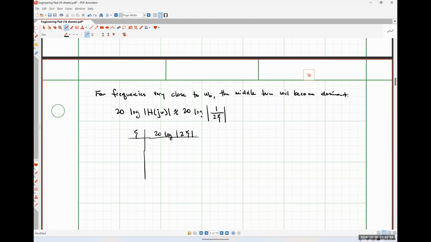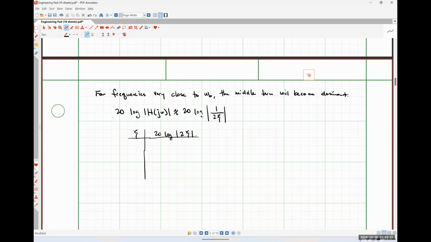So I want to be very clear about this. What's the relationship between 20 log of twice zeta and 20 log of 1 over twice zeta? A negative sign. That's literally it, right? Because this would be 20 log of 1, which is 0, minus 20 log of 2 zeta. So the only difference between what we've inferred here and what my table is going to look like is whether things should be above the graph or below the graph when we're taking these effects into account, okay?